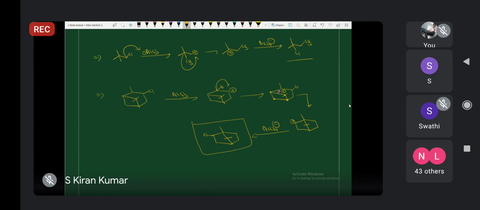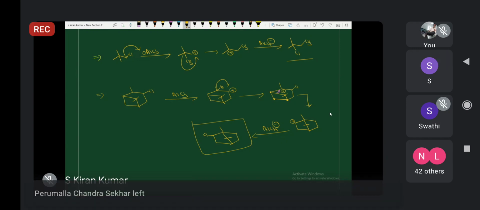Next, Beckmann rearrangement is also very important, ketoximes to amides. Next, Favorskii rearrangement, benzilic acid rearrangement, hydrazobenzene to benzidine rearrangement, Fries rearrangement, Claisen rearrangement, and Baeyer-Villiger oxidation or rearrangement, all these are very important for entrance exams. Rearrangement reactions are completed here.